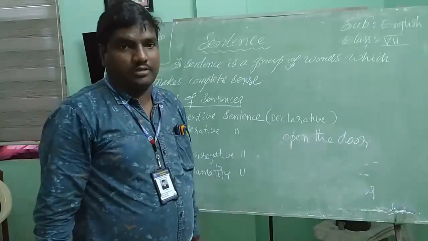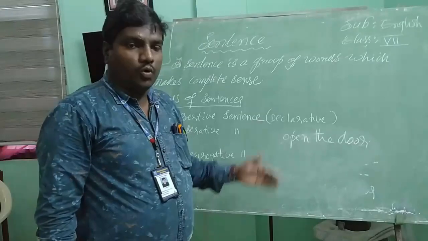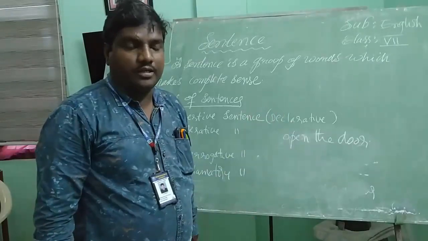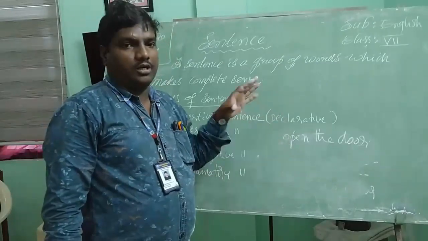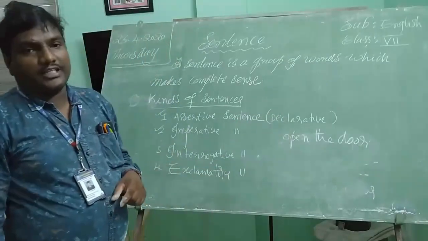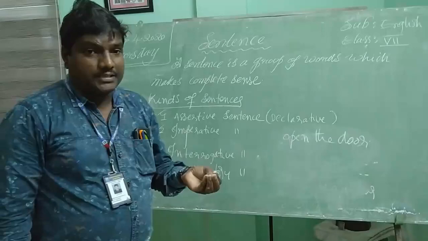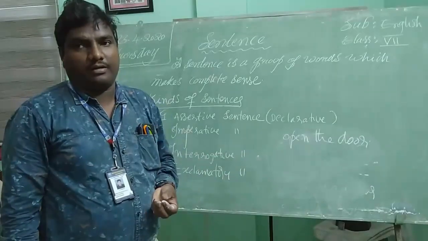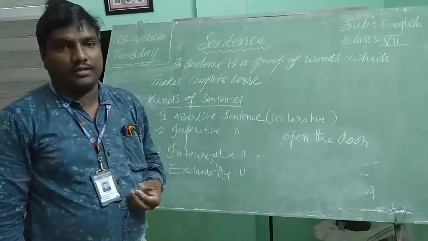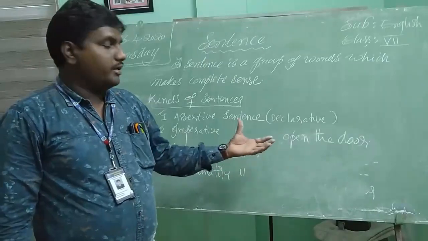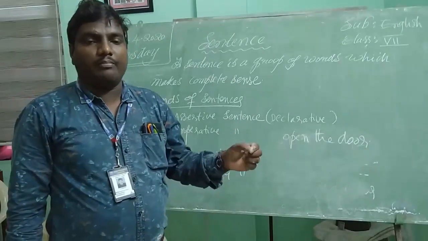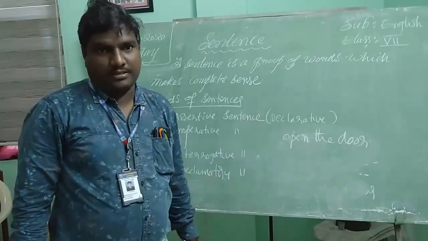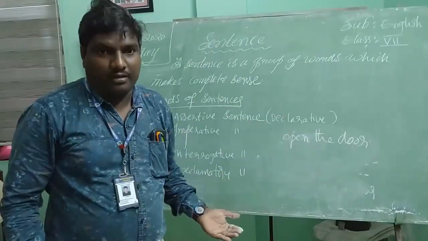Get me a glass of water. Command. Open the door. Get me a glass of water. These are the examples of command and order. Next, what is the example of a request? Please give me your pen. Please give me your book. These are the examples of a request. Please tell me where the post office is. Kindly help me.